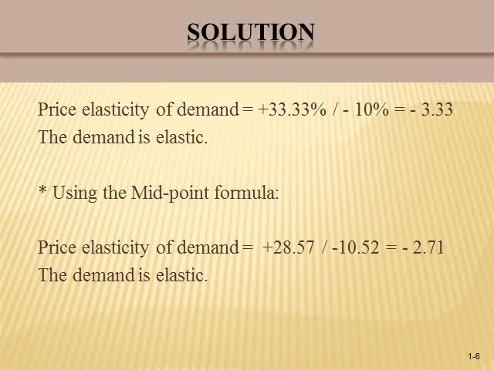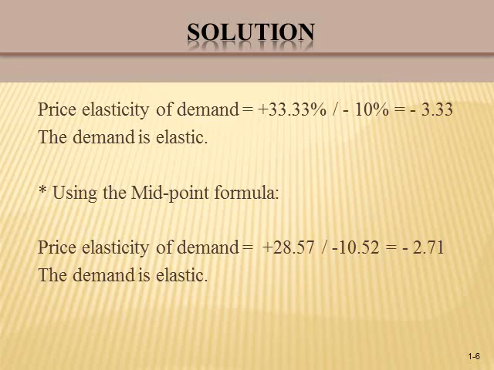Now, using the midpoint formula, the percentage change in quantity demanded is Q2 minus Q1, 20,000 minus 15,000, over Q1 plus Q2 over 2, 15,000 plus 20,000 over 2, times 100. Then we obtain the percentage change in quantity demanded, which is equal to plus 28.57.